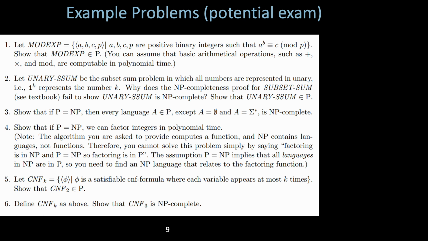So some example problems that I like are about the concept of unary versus binary. Looking at problem 2 here, unary subset sum is just a problem where the numbers are represented in unary. Thinking about the fact that the number k is k ones in a row, that indicates that the length of my input is already kind of exponential. So when I run the algorithm, it's only going to be polynomial in k.